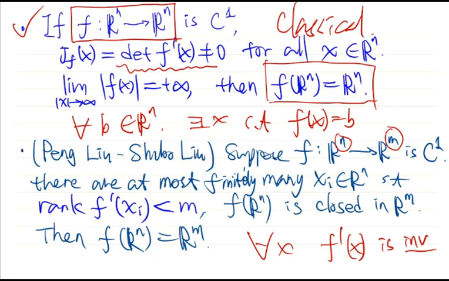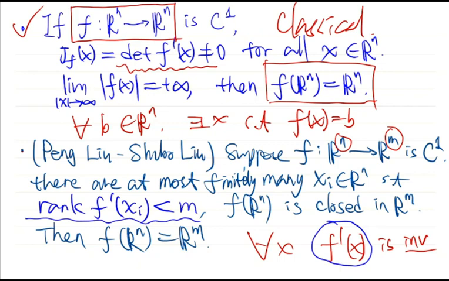So the classical result requires that for every point in R^n, the rank of the Jacobian matrix equals n. But our result allows the existence of finitely many points where the rank is less than n, the dimension of the target space. So our assumption is weaker than the classical result. This point is crucial to obtain the fundamental theorem of algebra from our result. This is the second comparison.